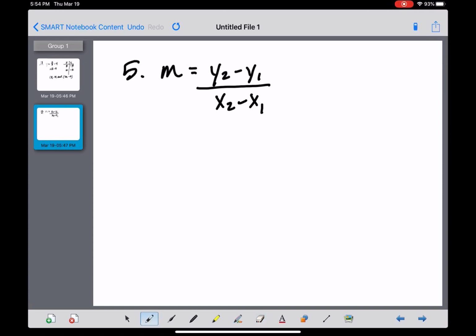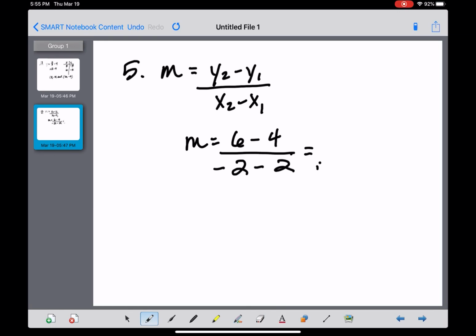So you're going to take that formula and plug in your points. It doesn't matter which point you call point 2 or point 1. I'm going to say that y2 is 6, and then that makes y1 4. And so then x2 would be negative 2, and x1 would be 2.